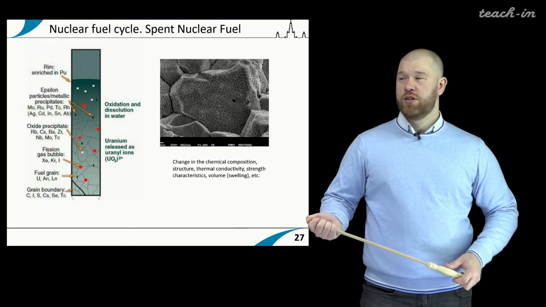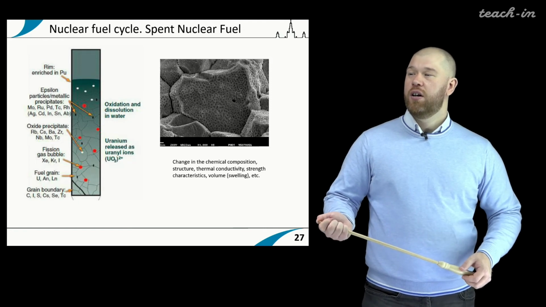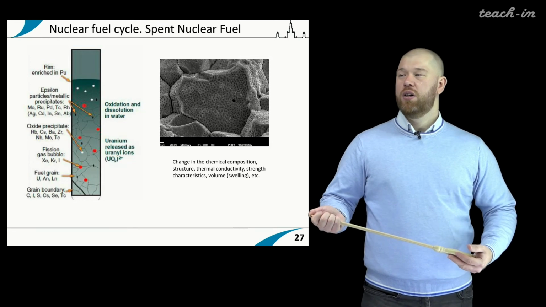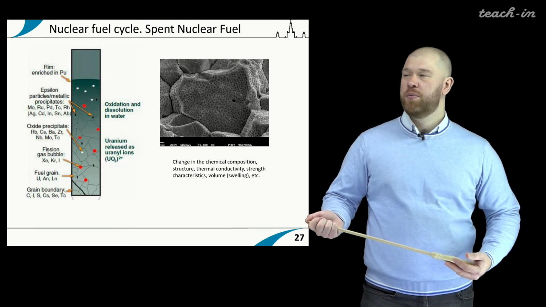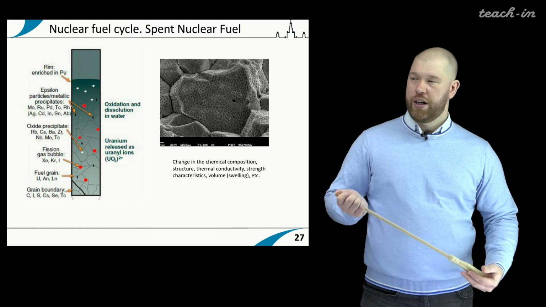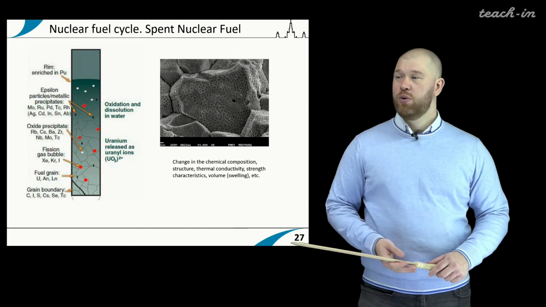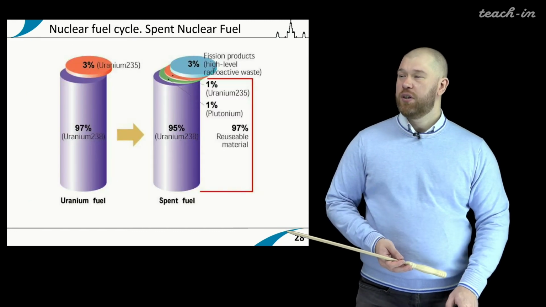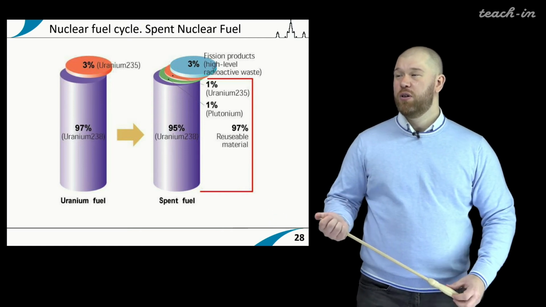So after a certain time of working in a nuclear reactor, nuclear fuel is no longer efficient for energy production. And when we replace this fuel, it is called spent nuclear fuel. Then, there is the composition of this spent nuclear fuel.